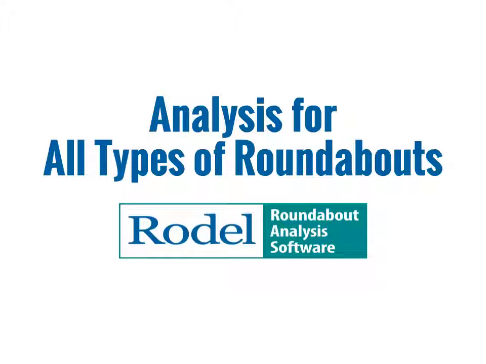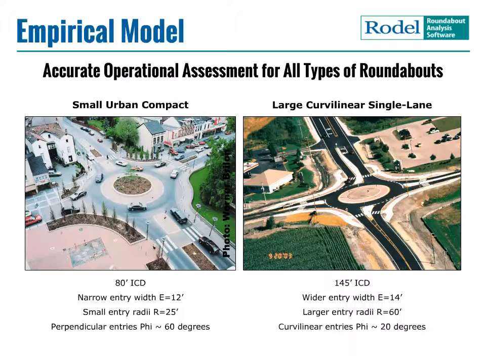So Rodel can be used for analyzing all types of roundabouts, from small urban compact with very perpendicular entries, small entry widths, and it'll account for the capacity effects of that type of shape, and then it can also account for the operational output and prediction for a larger curvilinear type of design.